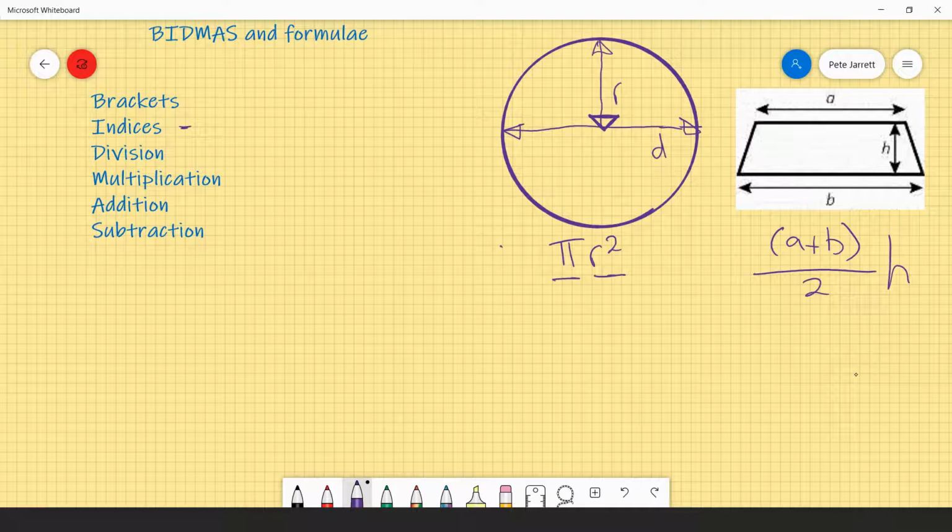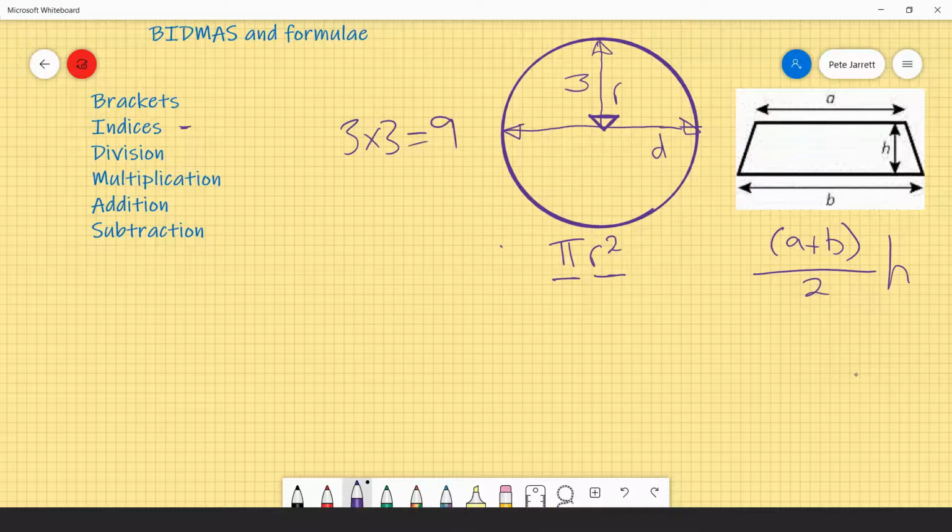Imagine we take the radius of the circle to be 3 centimeters. To calculate the r squared, we're basically doing 3 times 3, which obviously gives us the answer 9.